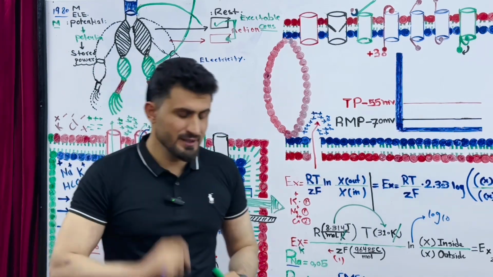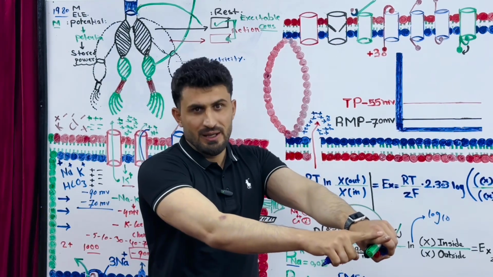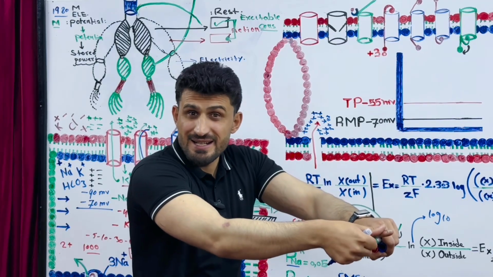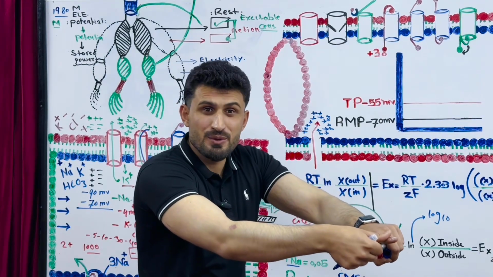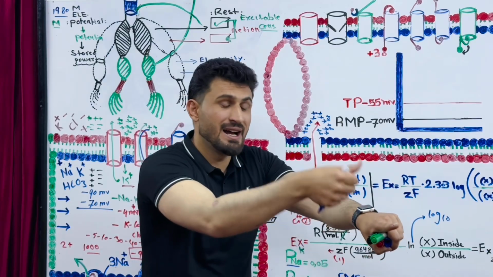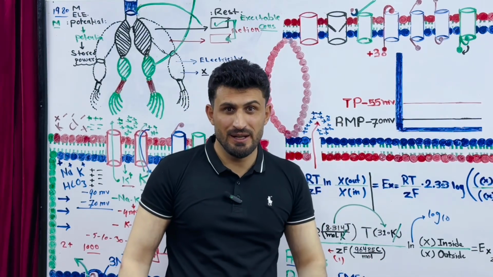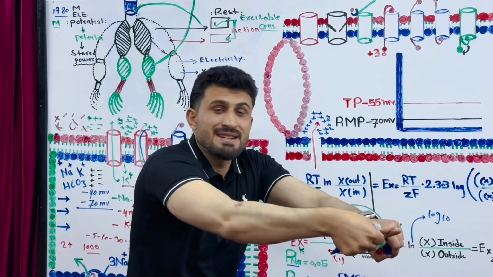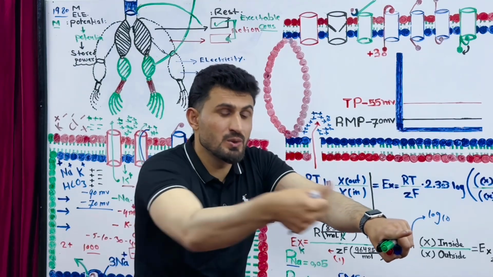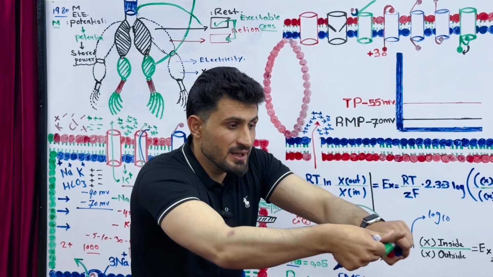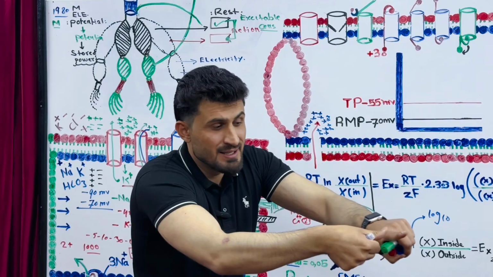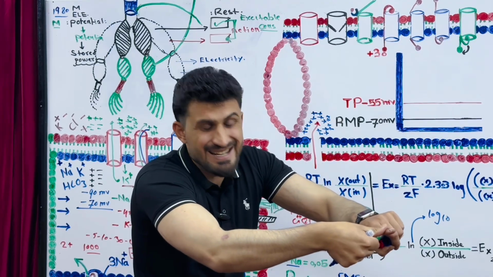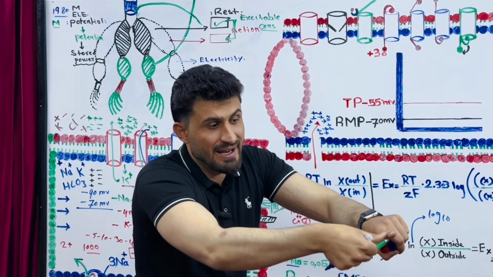For example, this is a neuron, and this neuron contains a lot of touch receptors at the end of itself. When somebody touches me, he will stimulate some channels, some touch channels at the end of this neuron.